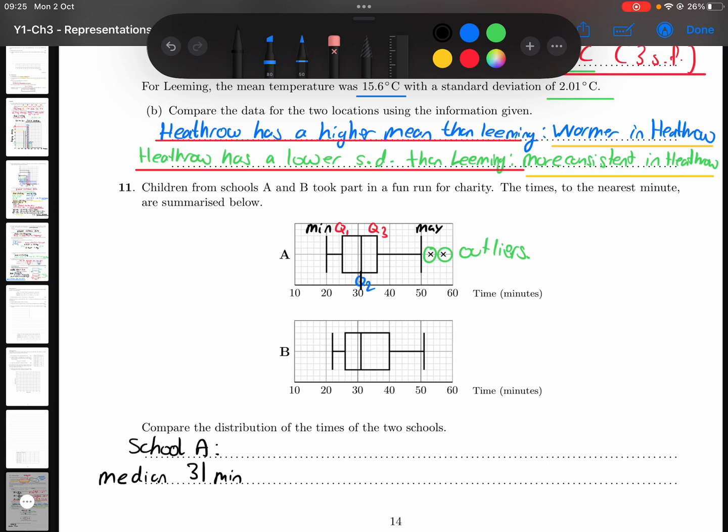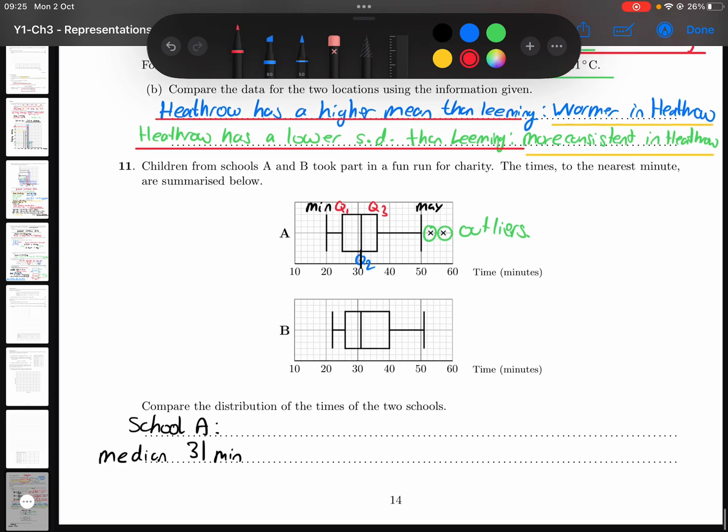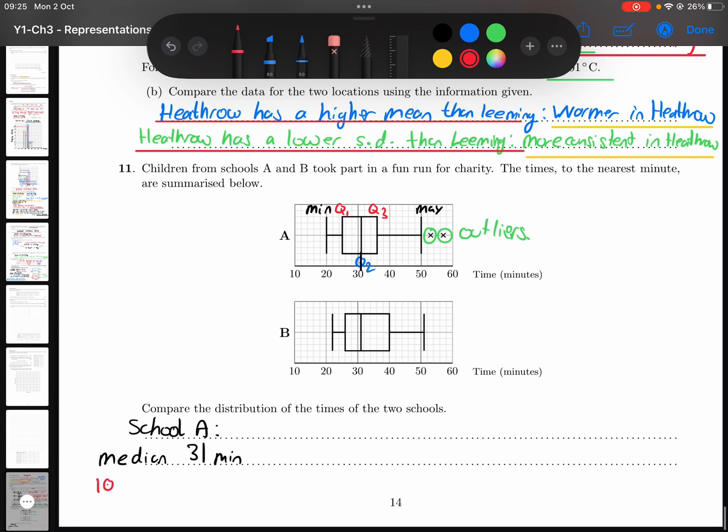And what can we say about the measure of spread? We could use the interquartile range. We've got a value of about 25 for the lower quartile and about 36 for the upper quartile. So the interquartile range would be about 11, if I'm reading from that graph.